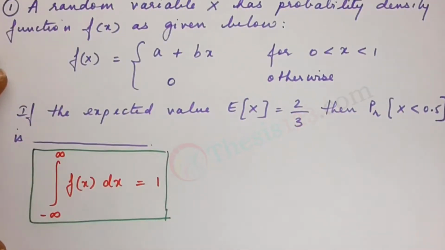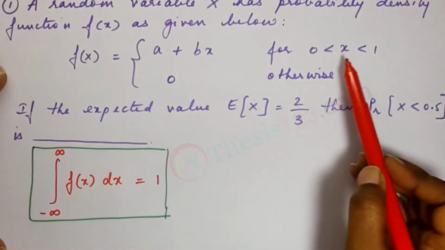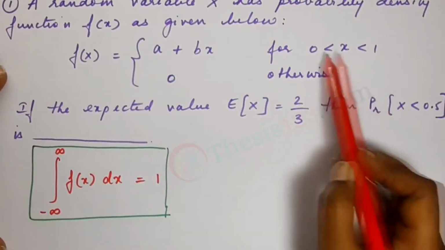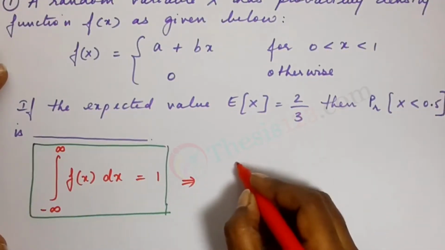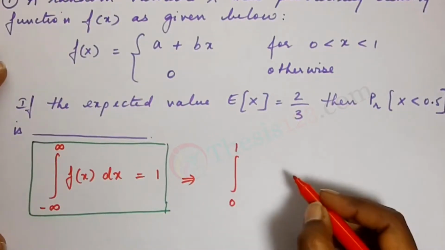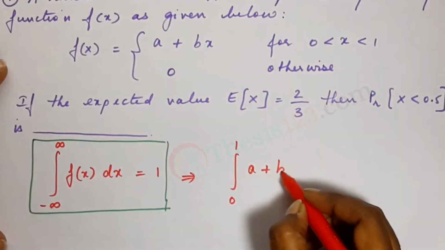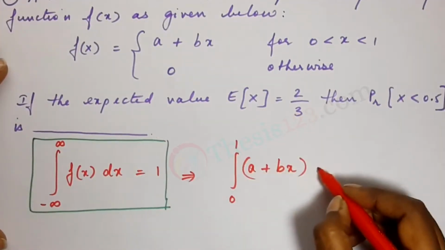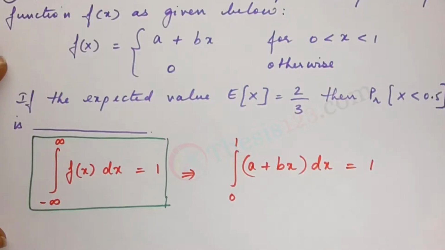Now that we have the formula, let's substitute the function here. So the integral is now from 0 to 1 because that's the condition given to us. So this implies integral 0 to 1 of a plus bx dx equals 1. So this is our expression.